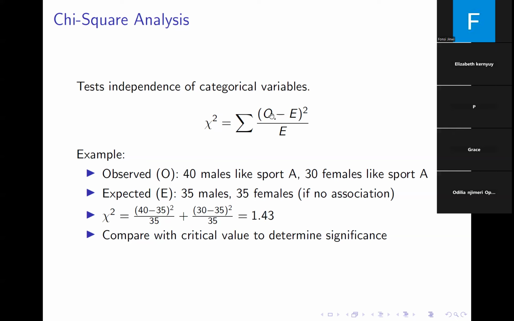Then your expected value was 75%, or was it 70%? I said 70%, and the observed value was 80%, because that is based on your statistics, on your data that you obtained from your invitations. And then you can use this to calculate the chi-square, to calculate how close your estimate was to the expected value.